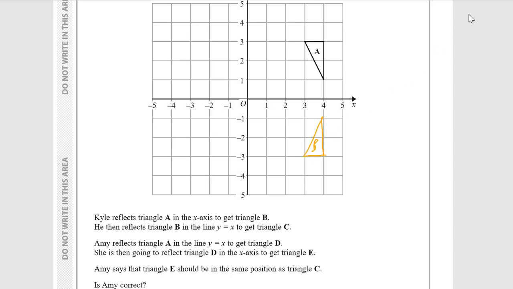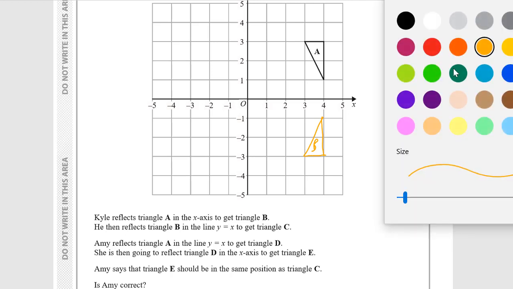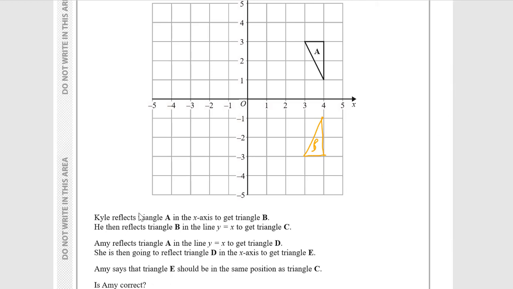Okay, that's B. And it says he then reflects triangle B in the line y equals x to get triangle C. So y equals x is basically, if this was straight, so reflect it in the line. So it's going to be reflected here.